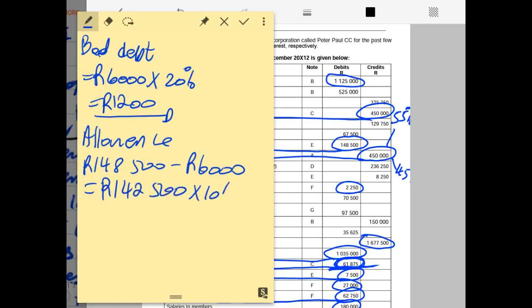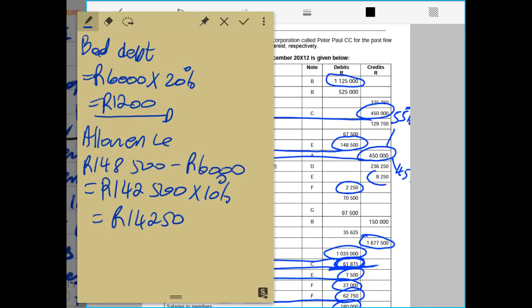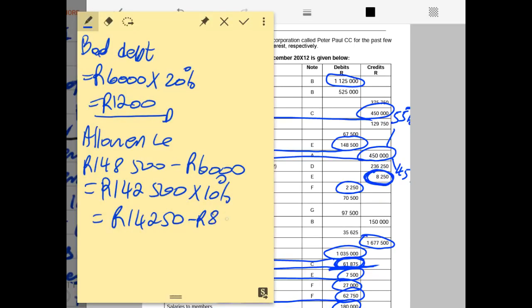142,500 times 10%. If we multiply this by 10%, it should give us 14,250. Then we compare this 14,250 with the allowance for credit loss in the trial balance, and I think that was the allowance, 8,250. 14,250 minus 8,250 will give us an amount of 6,000.